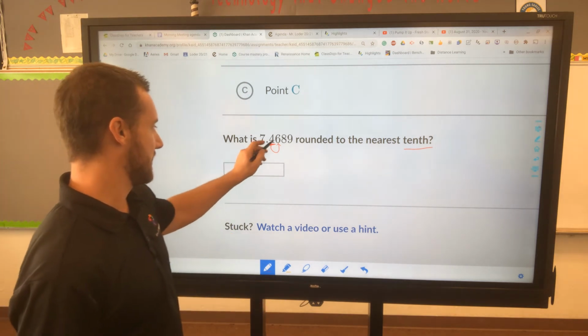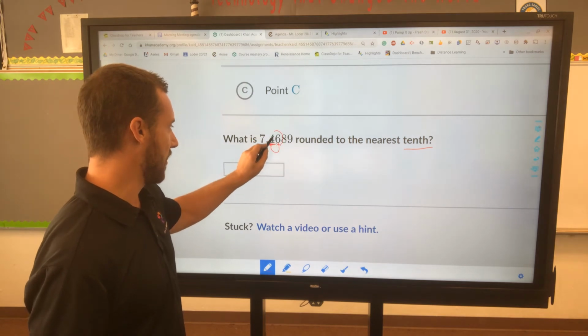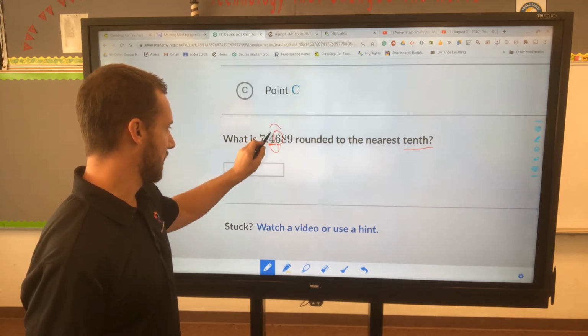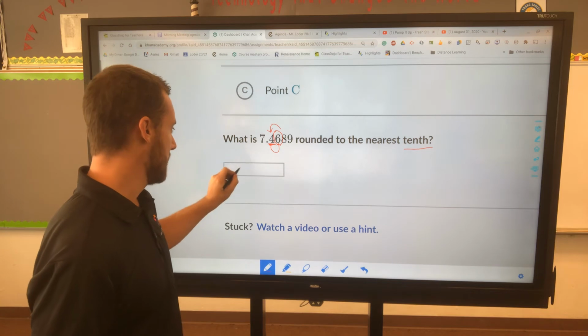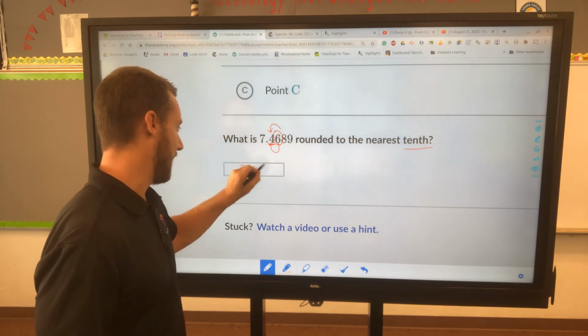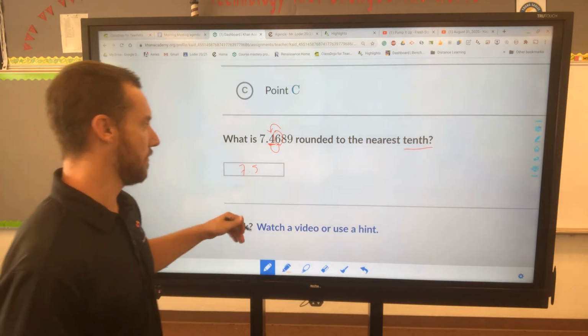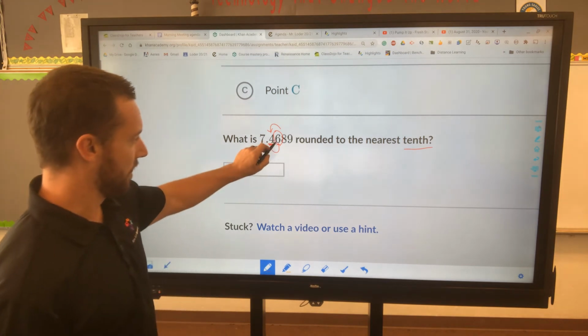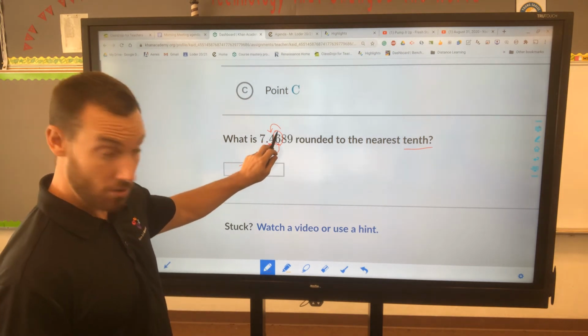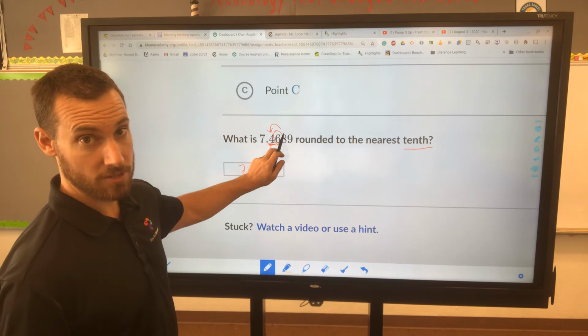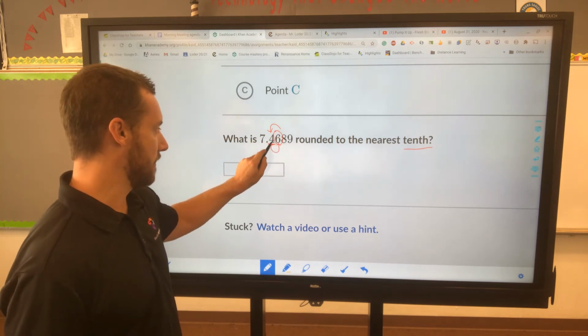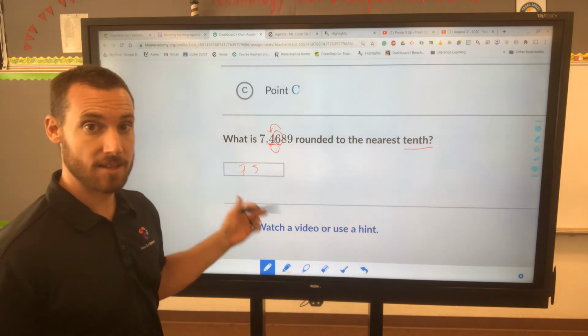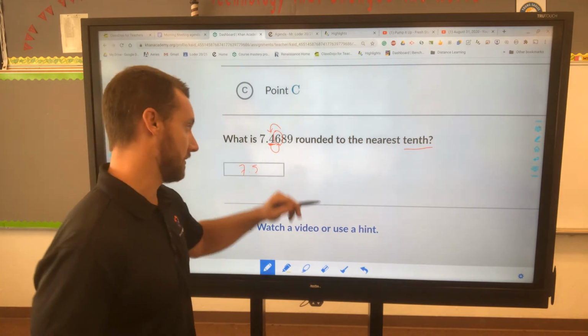So the 6 is 5 or more. So this 4 is going to soar up to 7.5. All right, we'll do a lot of practice with this, but whenever the number next door is greater than or equal to 5, you raise this number up. And if it's not, then you leave it alone and you drop everything on top.